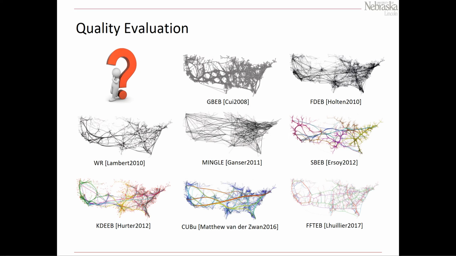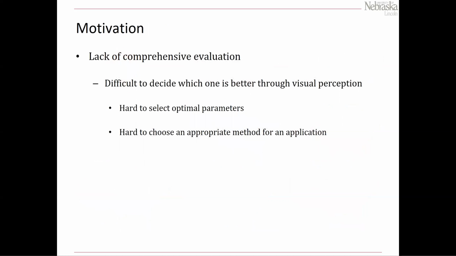Then the question is, which visualization result would be best? And how can we recommend the visualization and its parameters to users for different applications? This essentially leads to the question: how can we evaluate the different edge bundling algorithms?